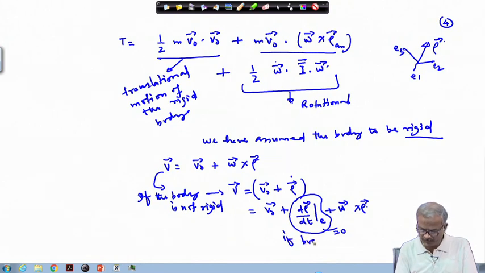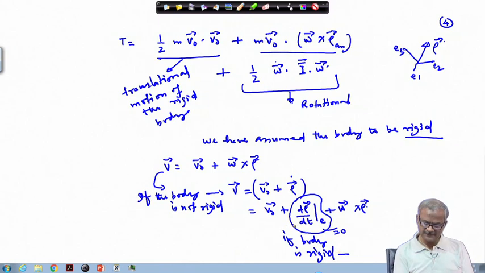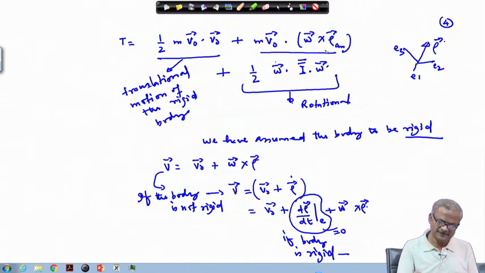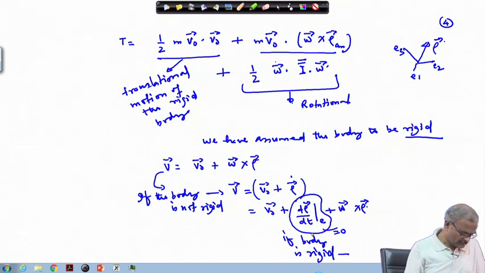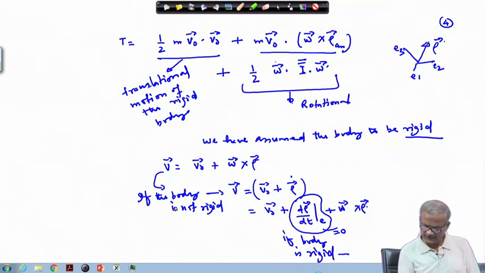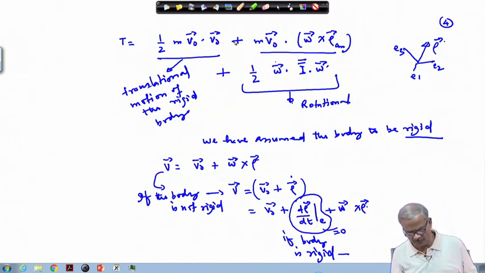If the body is not rigid, then this term will be there and you will get some extra term, which you can do yourself, because we are not going to discuss the flexible body in this whole course, where d rho by dt with respect to the E frame will be present.